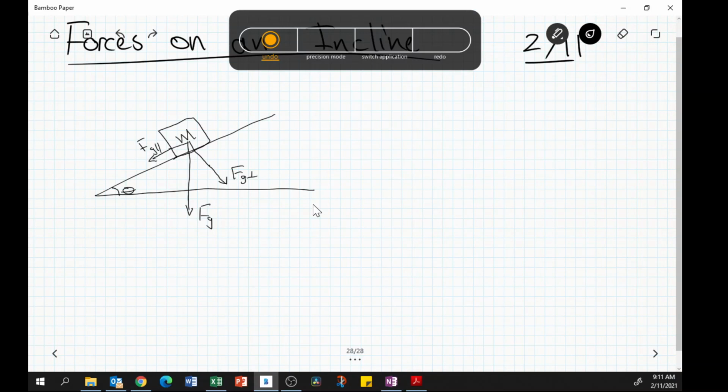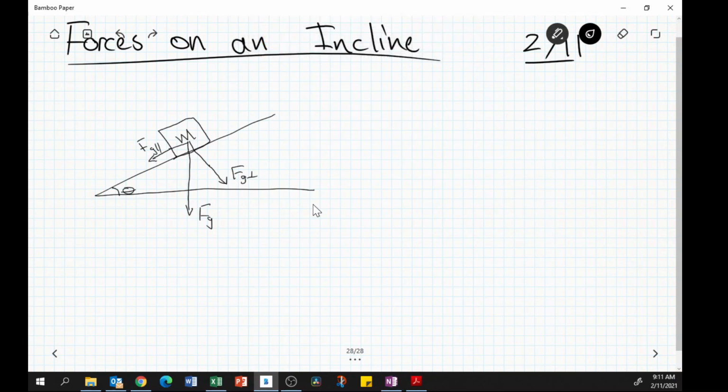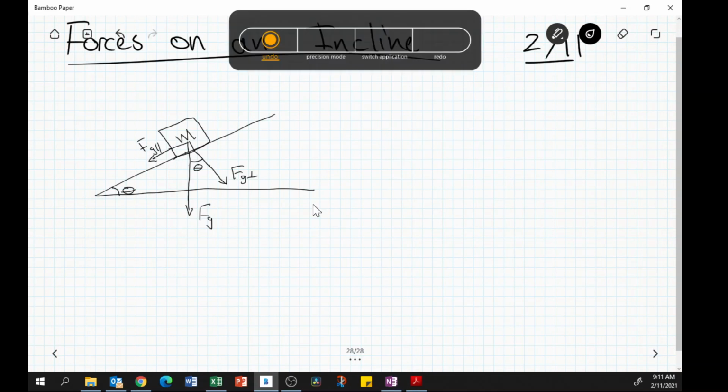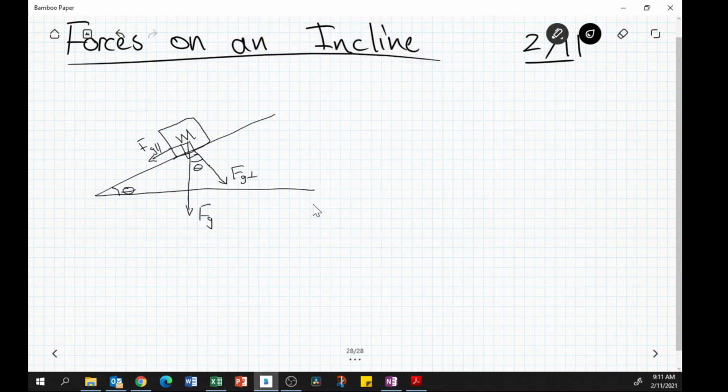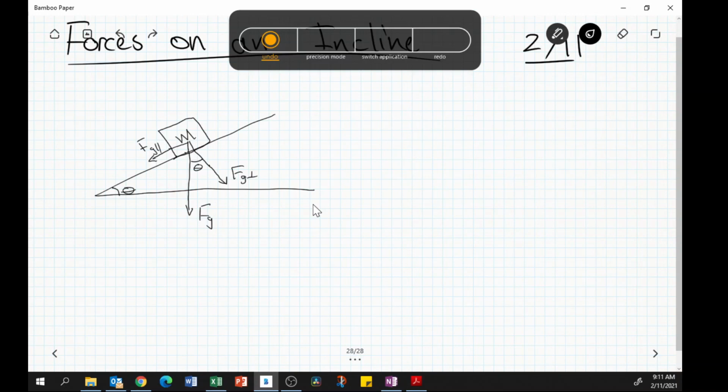So FG parallel and FG perpendicular, and we established that this angle here is equivalent to this angle here. How? Well, it comes down to a bit of sometimes kind of messy angle geometry, but essentially this angle here is the angle in that triangle there. So that minus the 90 degrees that we see here gives us that angle there, okay?